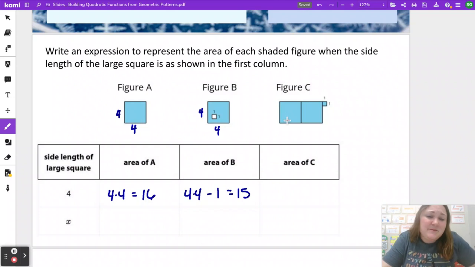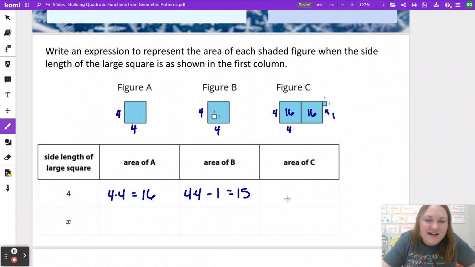When it comes to this last one, there's a couple different ways you can do it. If the two sides of the square are 4, that means the area of this first square here is 16. I have 2 squares though, so the area of each of those is 16. And then I still have that one little tiny one there. So that would be 1 times 1 or 1.